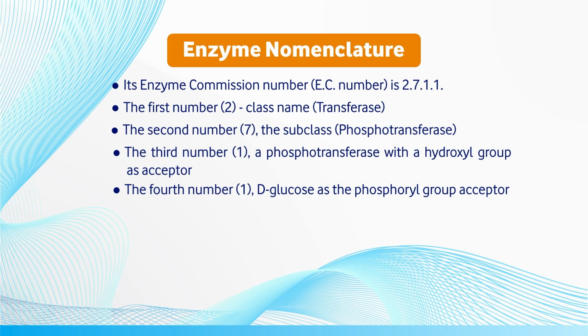The third number, 1, represents a phosphotransferase with a hydroxyl group as acceptor. And the fourth number, again 1, represents D-glucose as the phosphoryl group acceptor. So, this is about how the nomenclature of enzymes works.